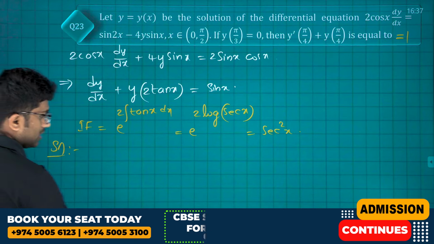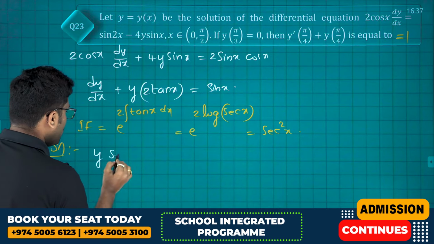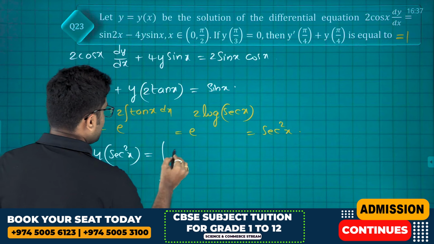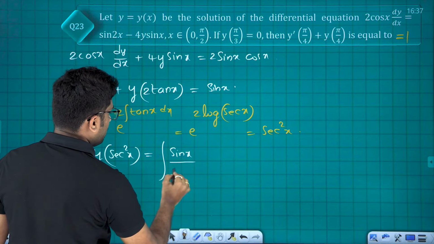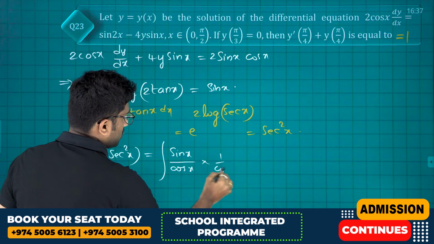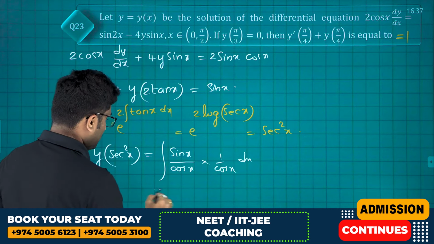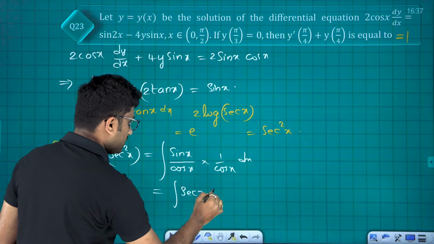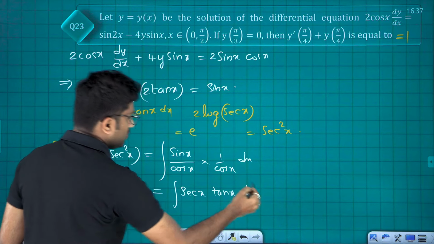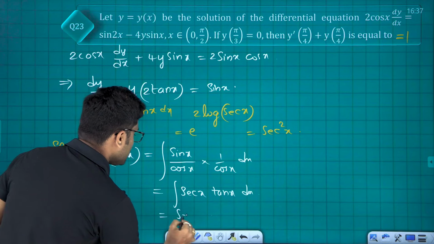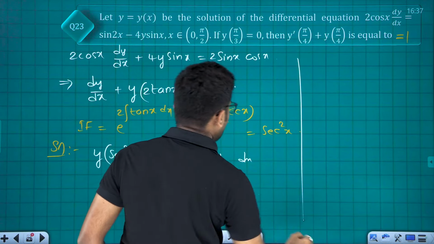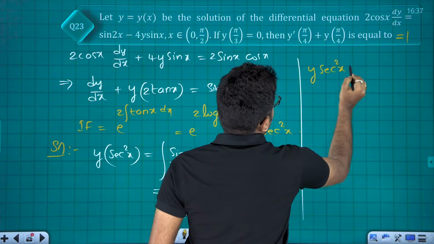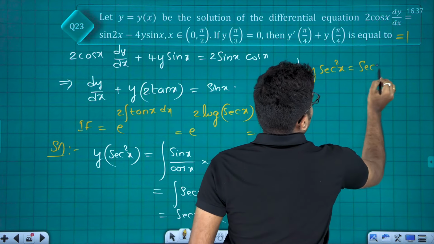Clearly the solution is y into secant square x equals the integral of sin x into secant square x, which is sin x by cos x into 1 by cos x. So this is secant x into tan x, and the integral of secant x tan x is secant x. Therefore the solution is y into secant square x equals secant x plus c.